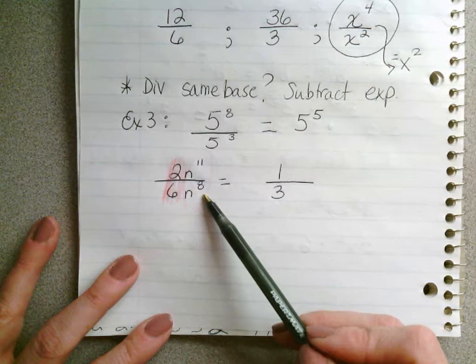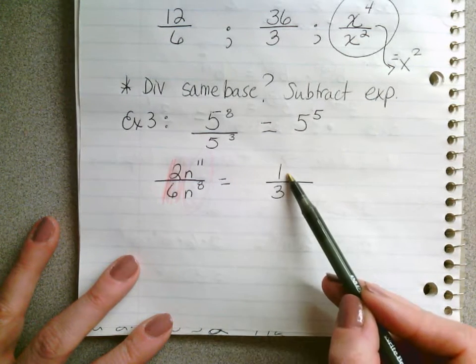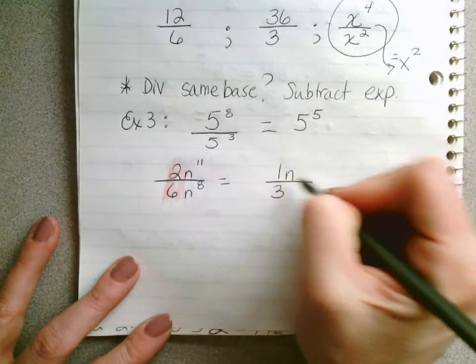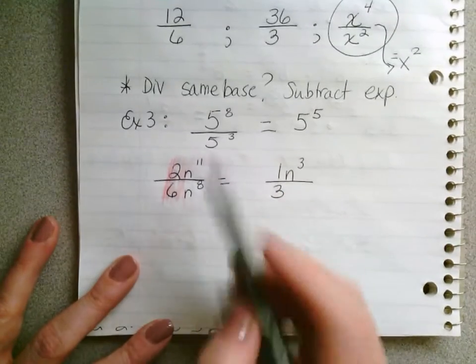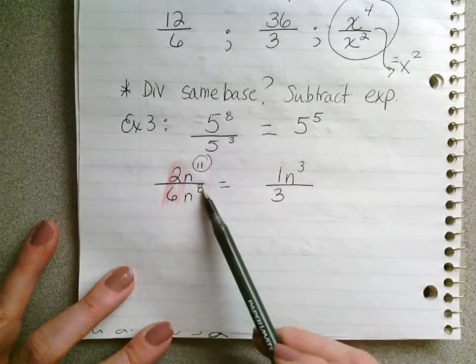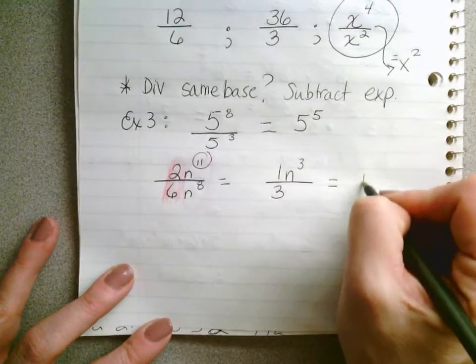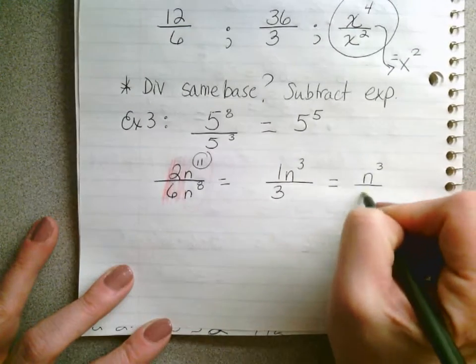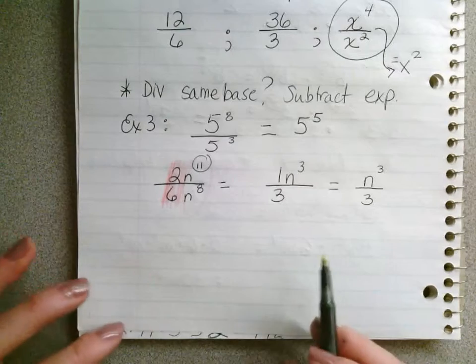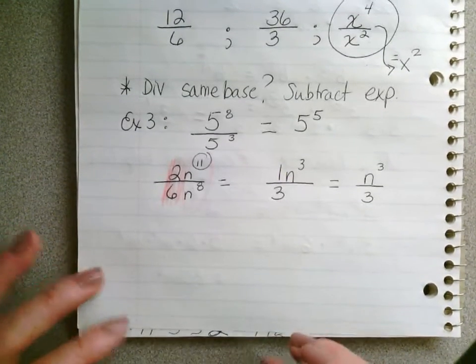Now, you're thinking to yourself, so n cubed, does that go down there or up there? Well, it goes up here, and the reason for that is because this number is bigger. 11 minus 8 is 3. The 3 stays up there. So what you would see if this was in your book would be that answer. That's how they would show it. They wouldn't write the coefficient of 1.